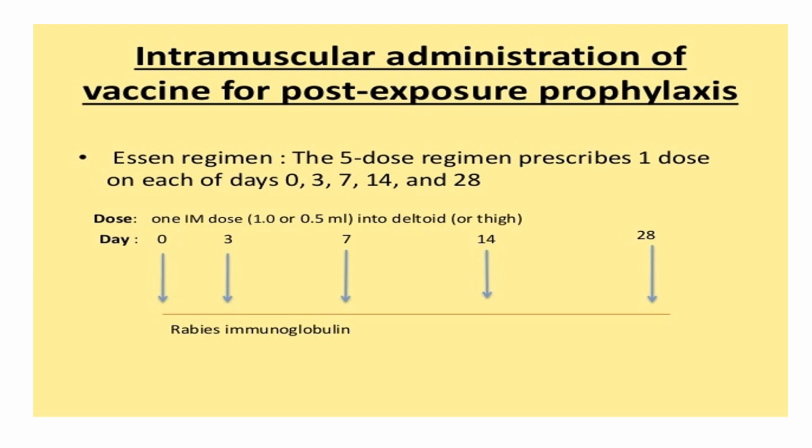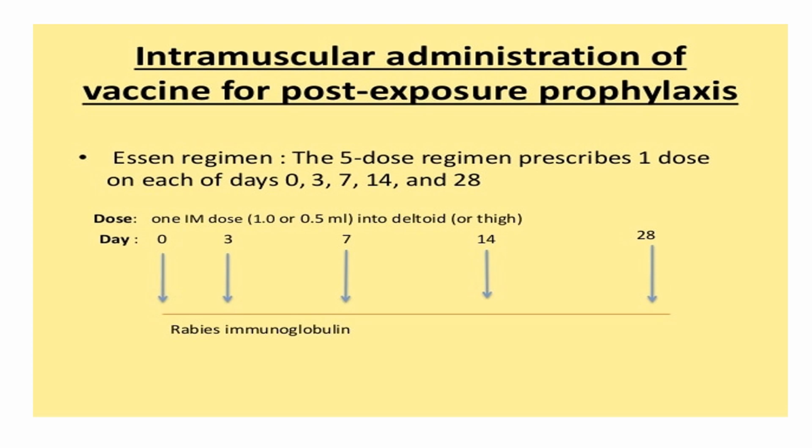In active immunization, currently the government follows the intradermal regime. The other regime, which is more common in the private sector, is the intramuscular regime, which is also known as the Essen regime. It's a 5-dose regime on days 0, 3, 7, 14 and 28.